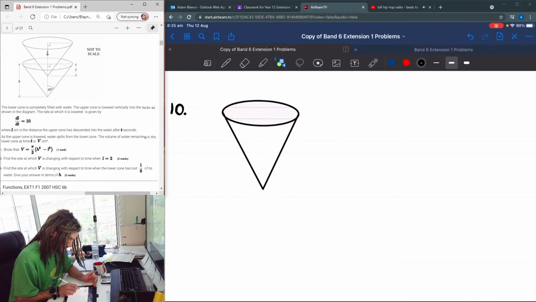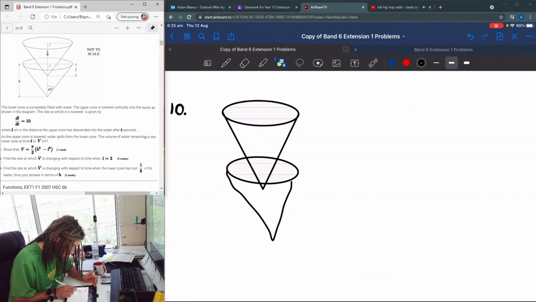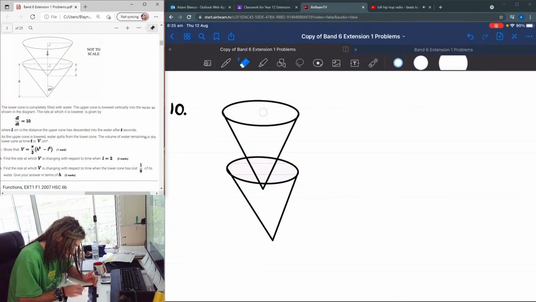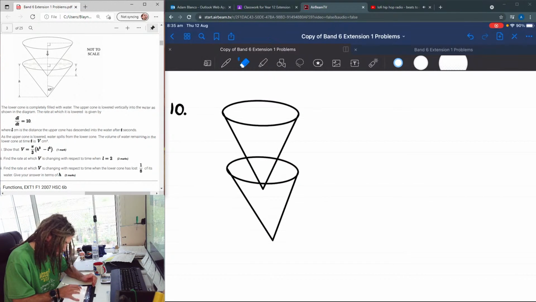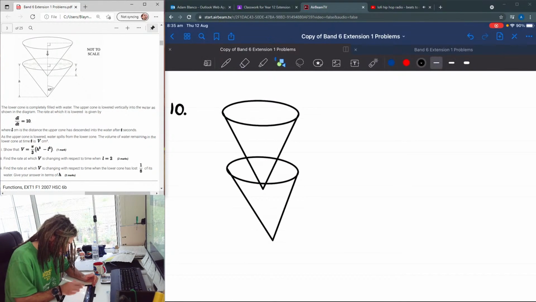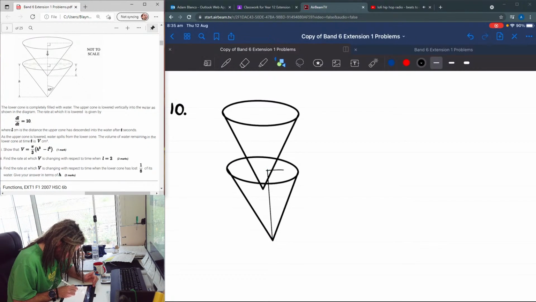So my picture's shocking, but from there to there.